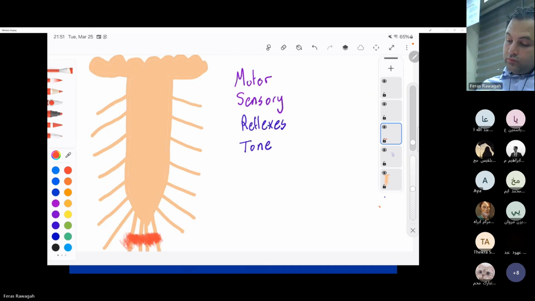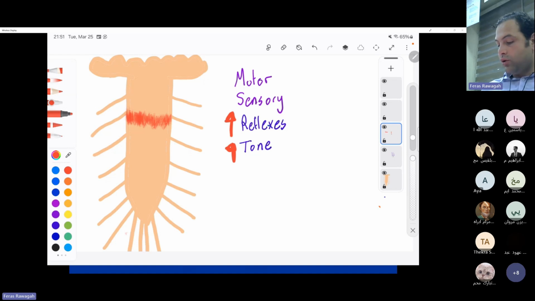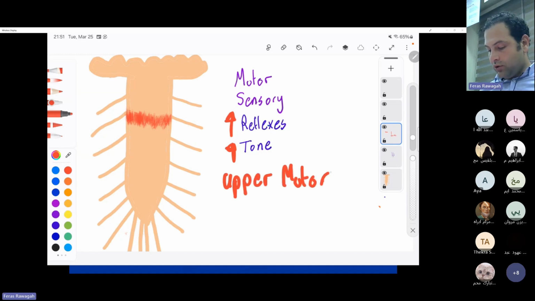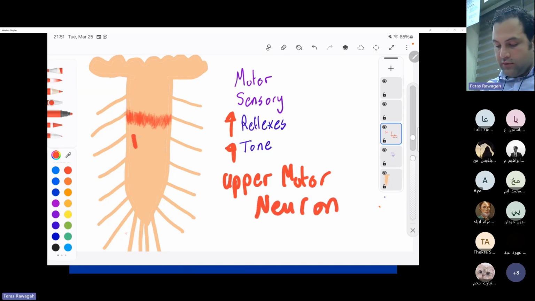Now, when the spinal cord is injured, as we said, below the level of injury there will be hyperreflexia and hypertonia, and those are called upper motor neuron signs.